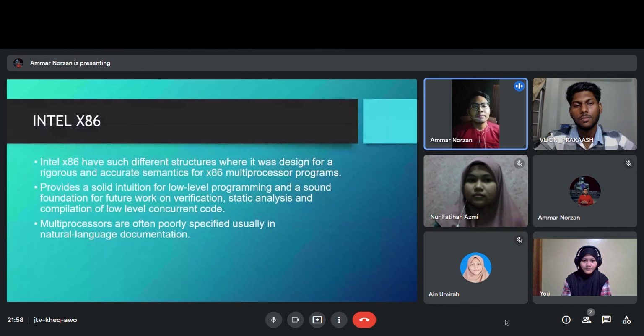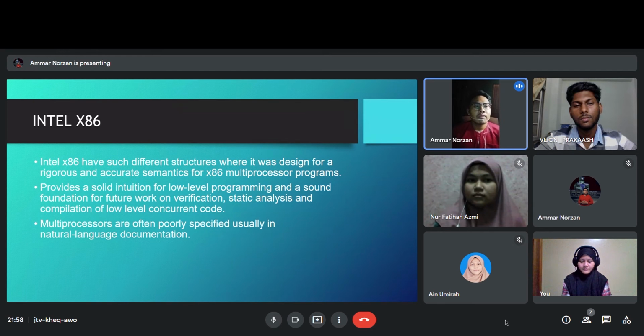So for Intel X86, it has a different structure, designed for rigorous and accurate semantics for X86 multiprocessor programs. It also provides a solid intuition for low-level programming and a sound foundation for future work on verification, static analysis, and compilation of low-level concurrent code.